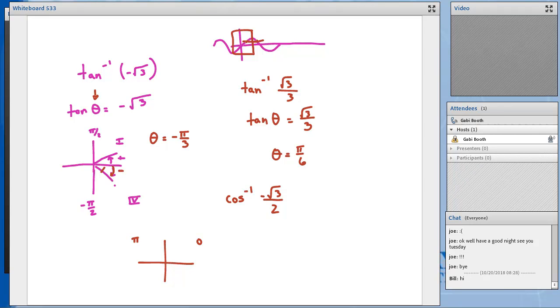So the angle would be, in this case, in quadrant 2, like so. So in quadrant 2, the angle that gives us a cosine of negative square root of 3 over 2 would be 5 pi over 6.